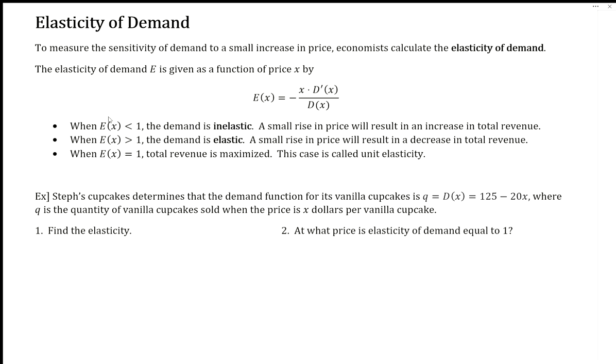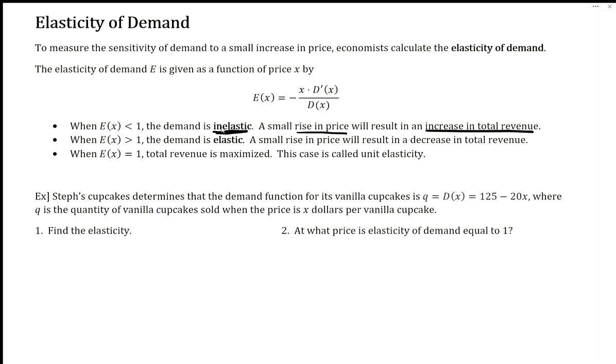All right, and then from the elasticity of demand, when we calculate it, we want to know whether it's less than 1, greater than 1, or equal to 1. When the elasticity is less than 1, we say the demand is inelastic, which means a small rise in price will result in an increase in total revenue.